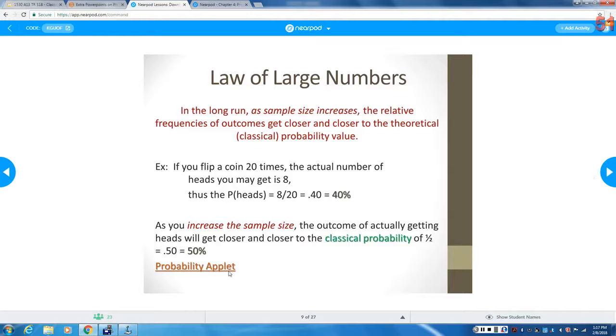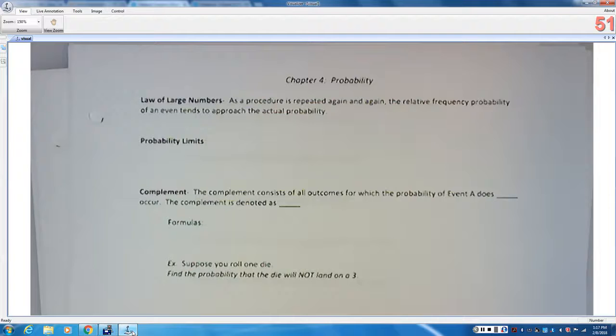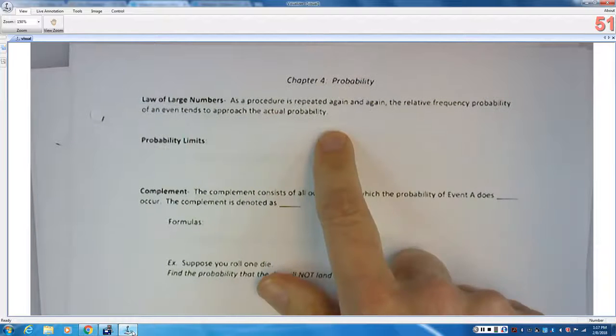There's supposed to be a probability applet. Let me show you, I don't think these slides are in here. So that was the law of large numbers. Let me explain before you talk about that.